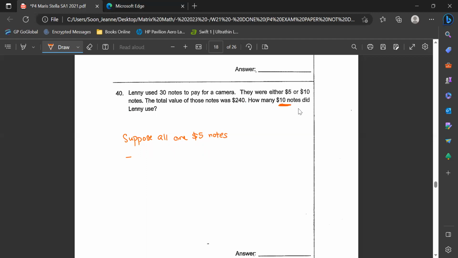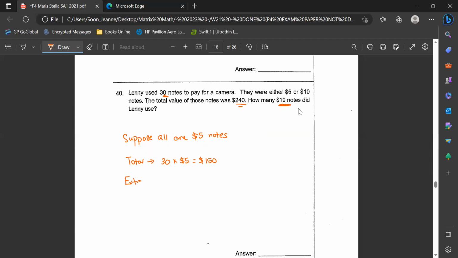So if all 30 notes are $5 notes, the total amount will be 30 times 5, which is $150. But the total value is not 150, it is actually 240.